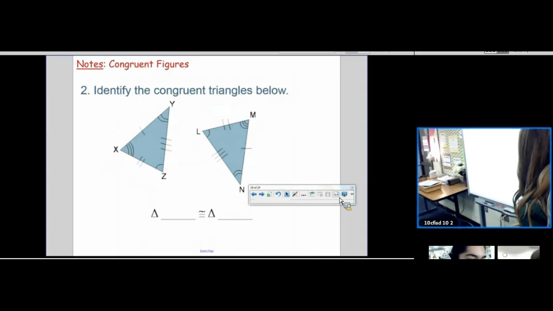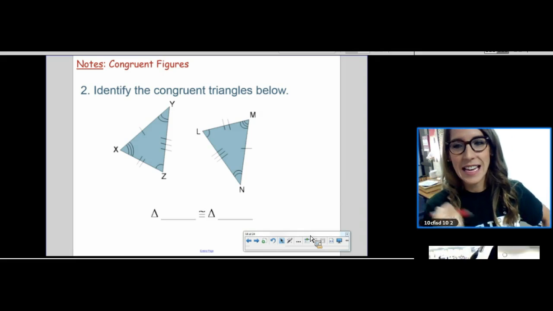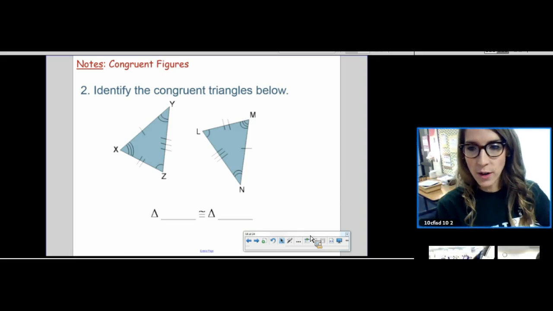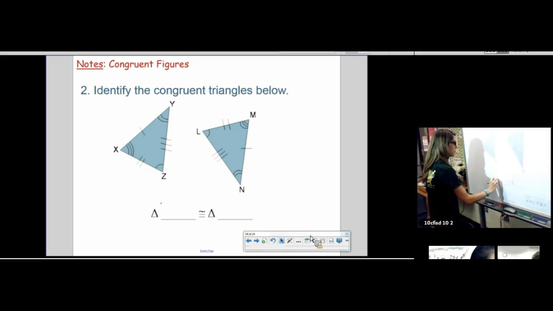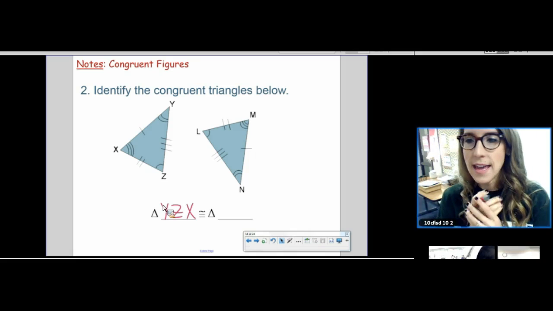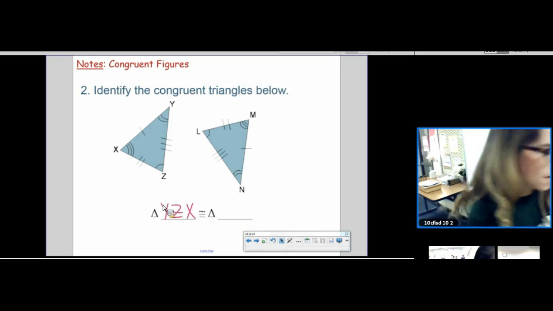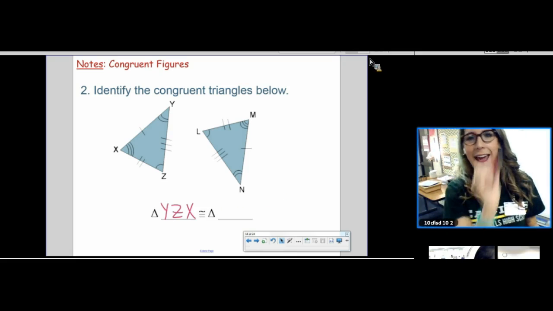What's really great is when the angles are marked, because when the angles are marked, it's even easier to name them. I'm going to name the first part, and you finish it off. Triangle YZX is congruent to, okay, Kendra said NLM. What I love when I give you angle markings is you don't have to draw those arrows like I did.